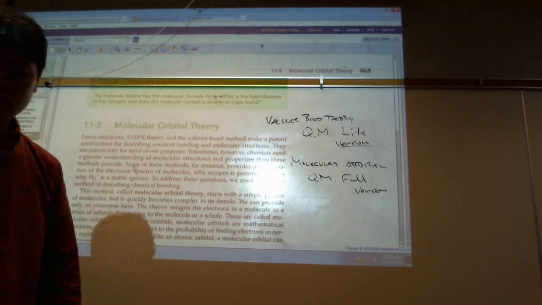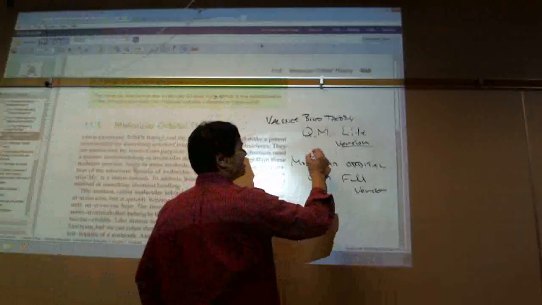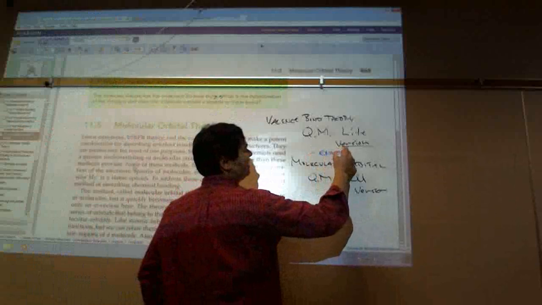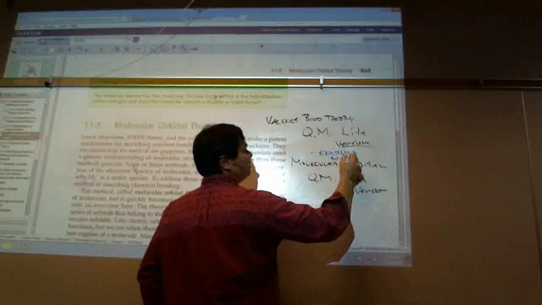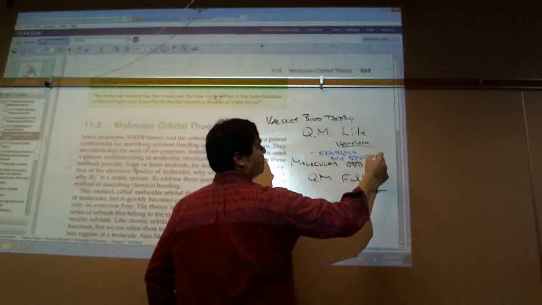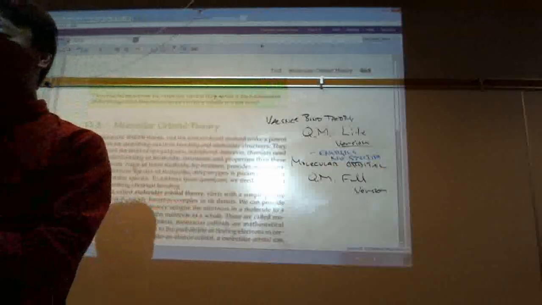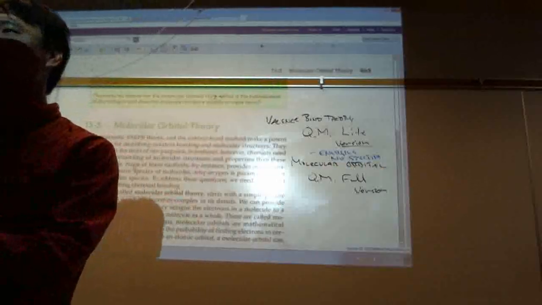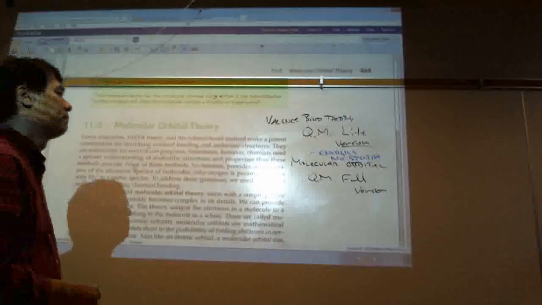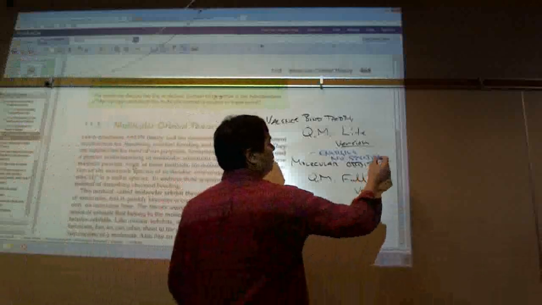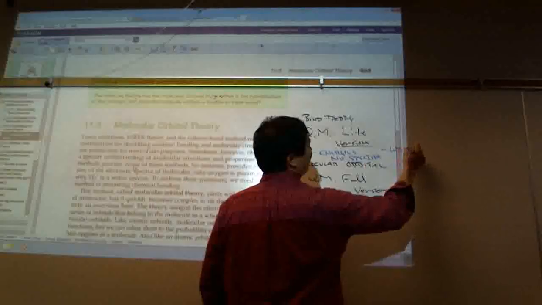And so what are we missing in the light version? We're missing the energies. No spectra. We can't predict what kind of transitions we're going to do if we excite this electron to a higher energy orbital, that kind of stuff. One of the other problems with the light version is sometimes we get the wrong answer.